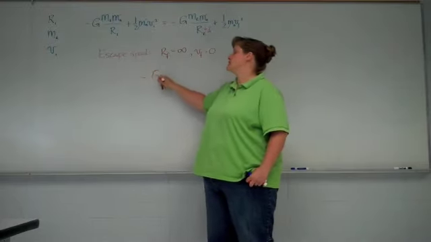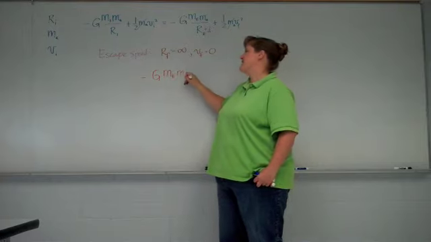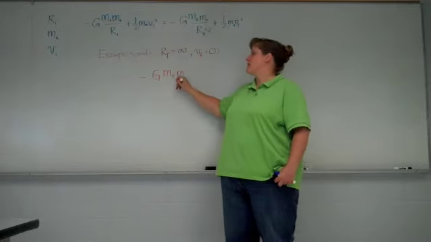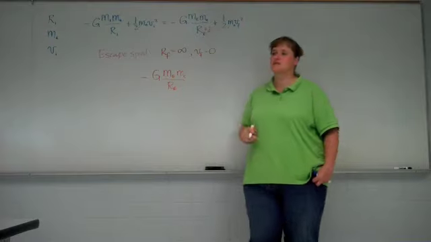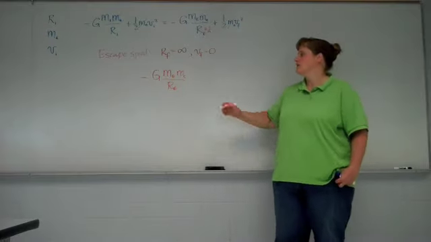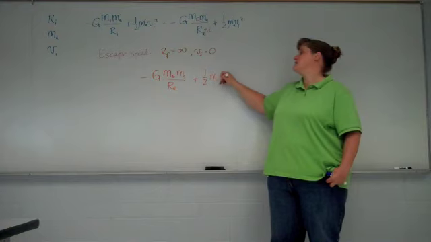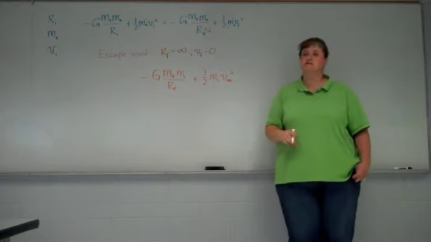Same equation: gravitational potential energy, with the mass of the spaceship, whatever it happens to be. It's starting on the Earth, so the initial r needs to be the radius of the Earth, plus the kinetic energy that it has. This will be the escape speed specifically.